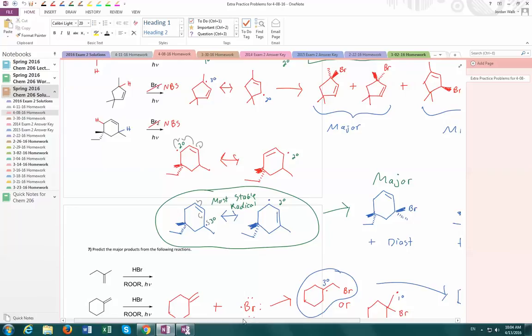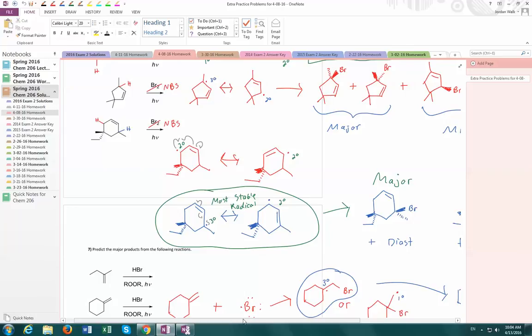Then if we abstract from the blue position, we end up with this radical right here, which is a tertiary radical, which is then resonance stabilized, and this secondary carbon has radical character as well. So the first thing you have to do is figure out which radical is more stable.